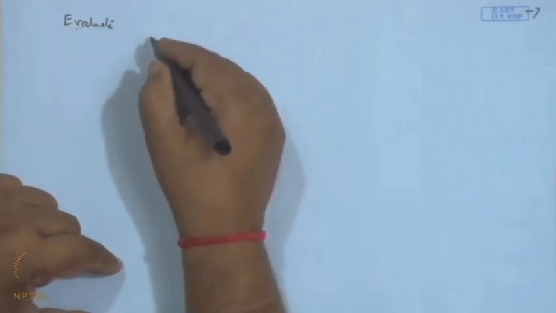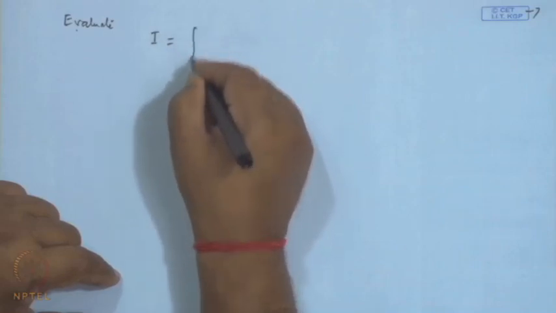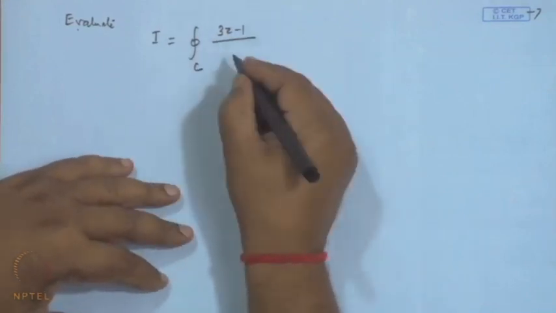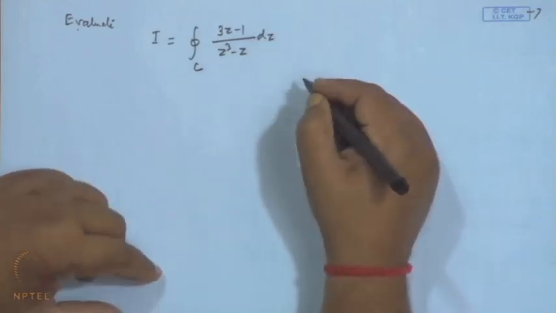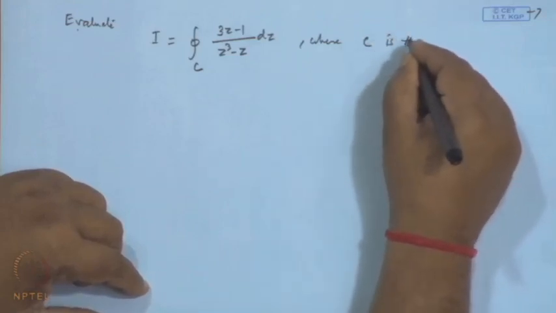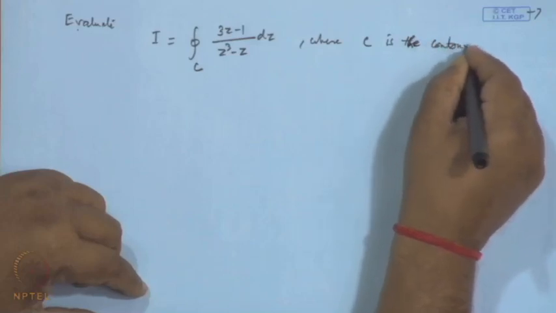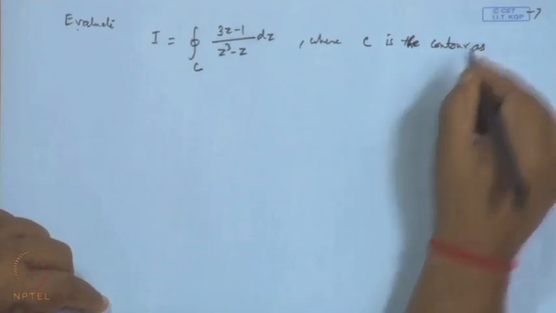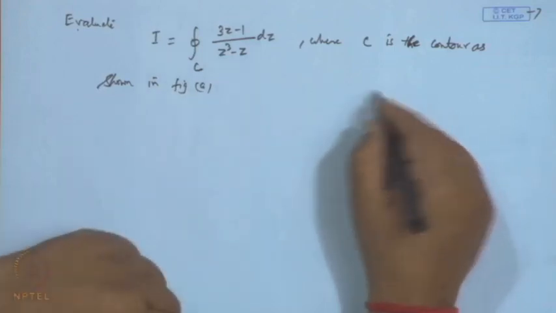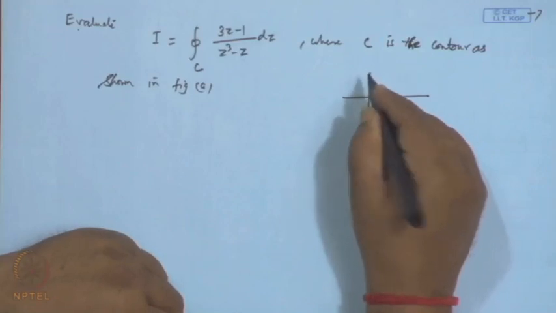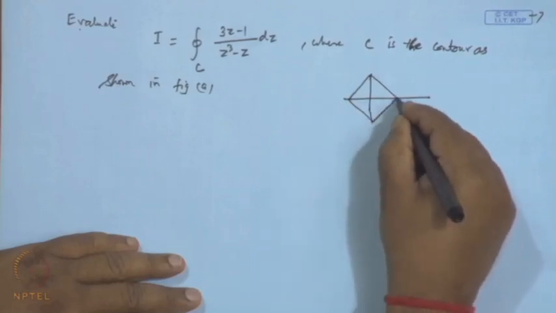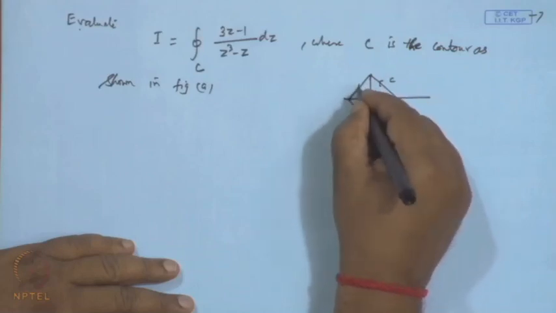Evaluate this integral I along the path C of the function (3z minus 1) over (z cube minus z) dz, where C is the contour closed curve as shown in figure A. The figure is, suppose we have this curve. C is the path of integration like this. This is our C.